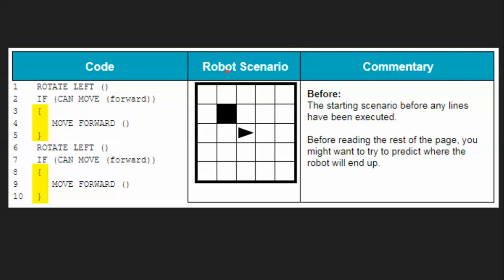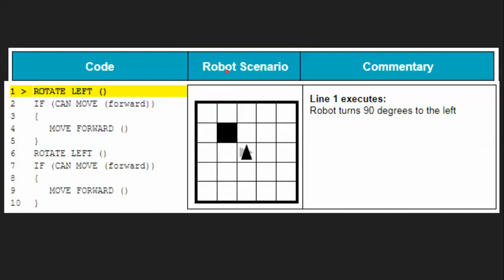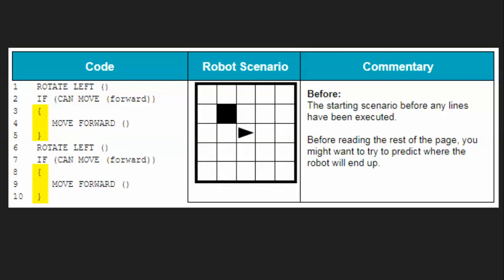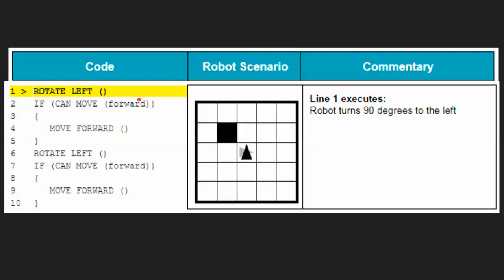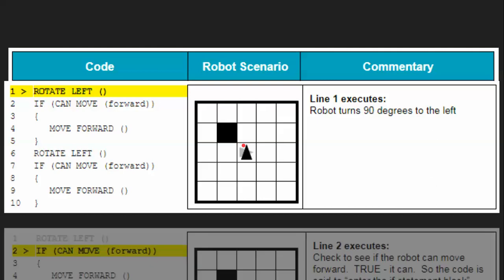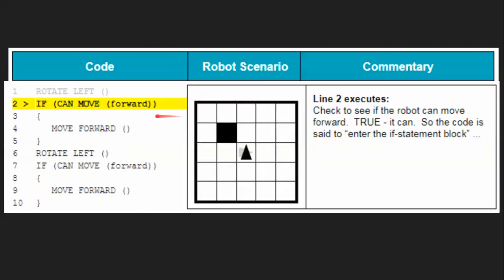So if we take this line by line, here's how you would work through this one. First, from our starting position right here, we're facing in that direction. Line 1 tells us to go ahead and rotate left. So we rotate left, and we are now facing upward. Next, it's going to check line 2. It's going to say if can move forward. What that's asking is whether the space in front of it is empty, which again is true.